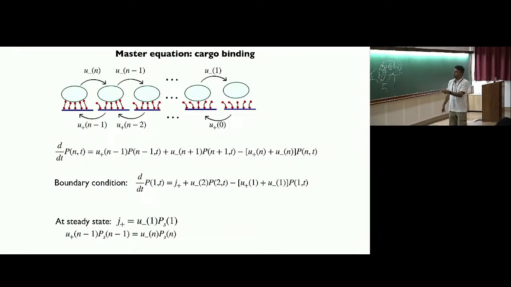So you put these loss and gain rates together and get your probability distribution, and then there is a boundary condition. The boundary condition is slightly different because there is a cargo floating around, and molecular motors floating around. The first motor, if it binds and crosslinks between the cargo and the filament, that's given by this rate, J plus.